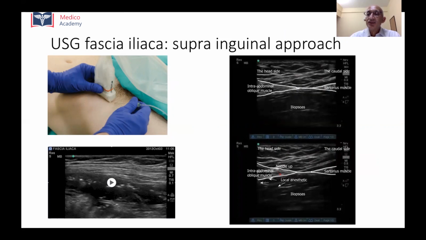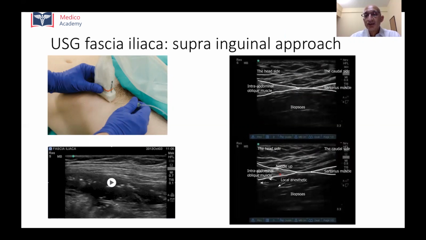The hourglass is formed by sartorius muscle in the thigh and by the internal oblique muscle in the abdomen, where the two tendons meet. That is the waist of the hourglass, and underlying this hourglass is the iliopsoas. And it's a very effective, simple block to give.